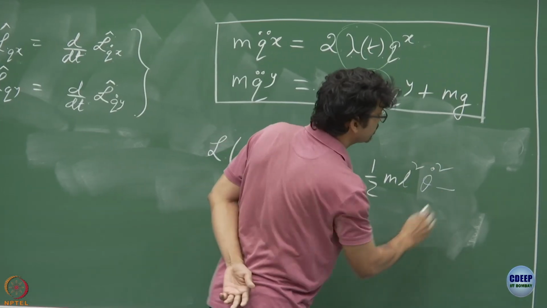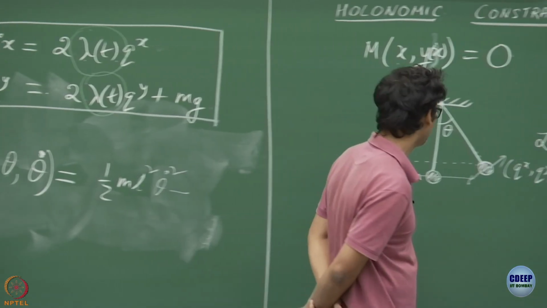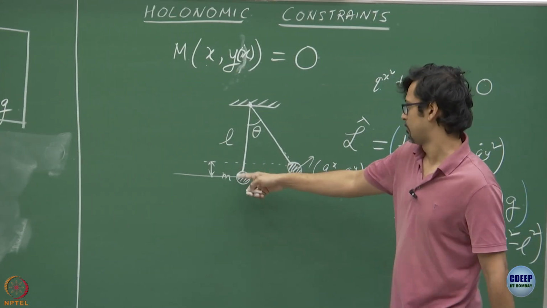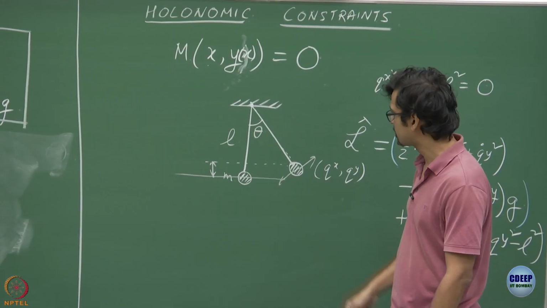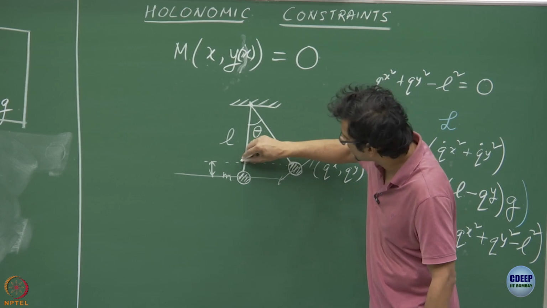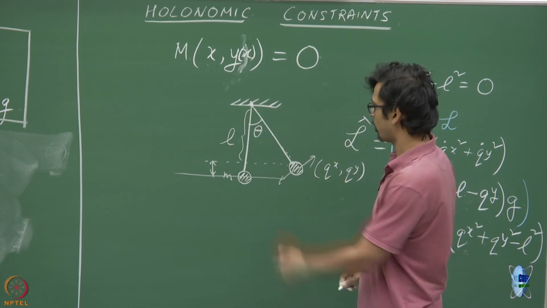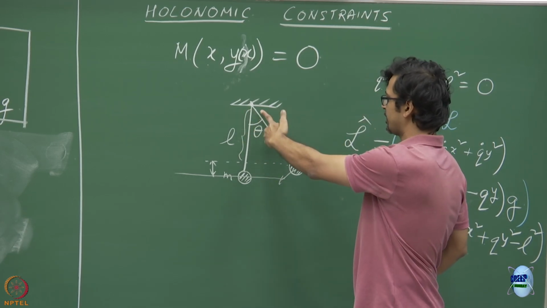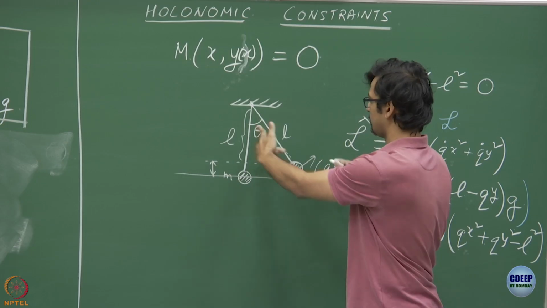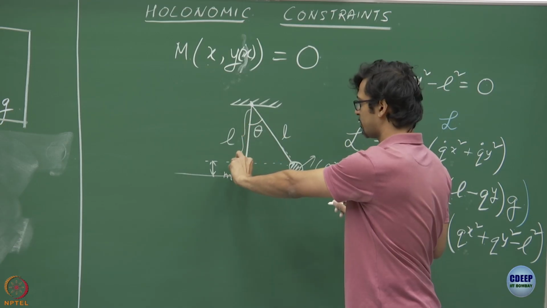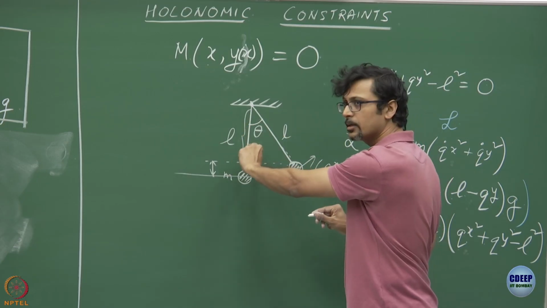What's the potential energy? Well, now that Qx Qy doesn't make sense, but what does make sense instead is, what is this length? If this is L, then this is L cos theta. So this difference is L minus L cos theta.